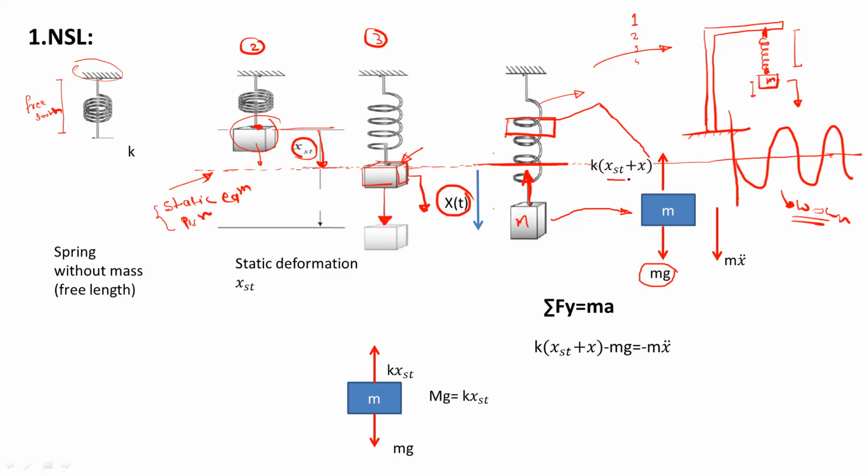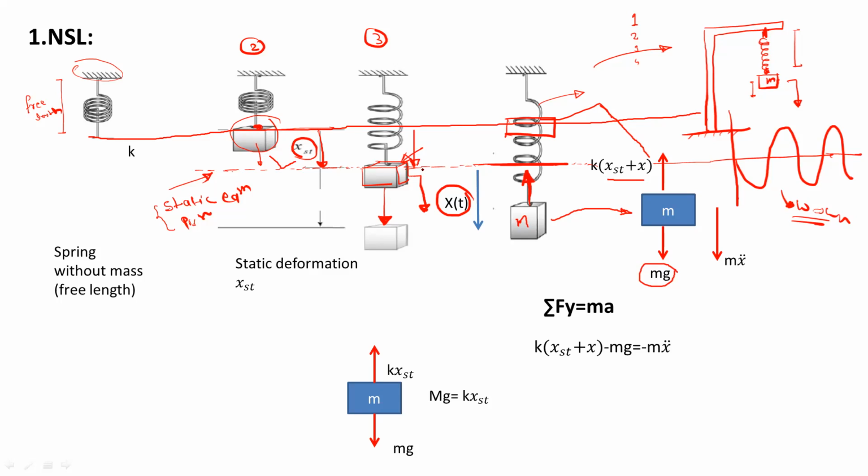What is the meaning of this x static plus x? The spring will provide the force corresponding to its total deformation. Total deformation means, we should take this as a reference. From this reference point, what is the total deformation? You can see here, this is the initial deformation, called the static deformation, and this is nothing but x static.